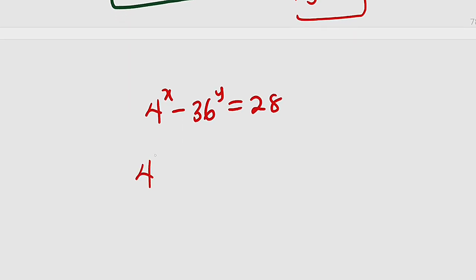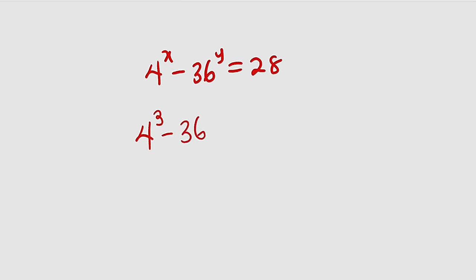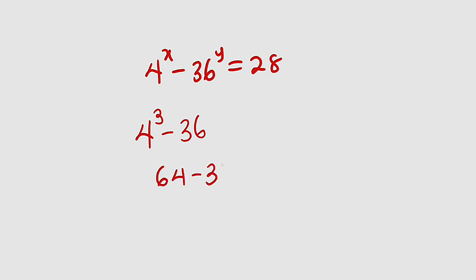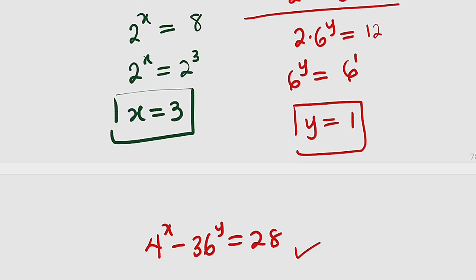So we have 4 to the power of 3 minus 36 to the power of 1, which is still 36. And 4 to the power of 3 is 64, so we have 64 minus 36. And 64 minus 36 is definitely equal to 28, which we have on the right. Hence, the values of x and y are 3 and 1 respectively.